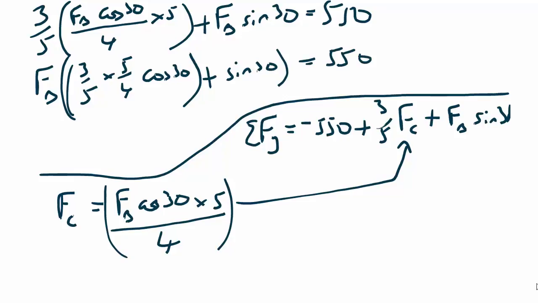Should be a B, I apologise. So I'll then take everything apart from the FB and divide 550 by it. FB will then equal 478 newtons. And if I substitute that into either of my other equations, FC will come out at 518 newtons.